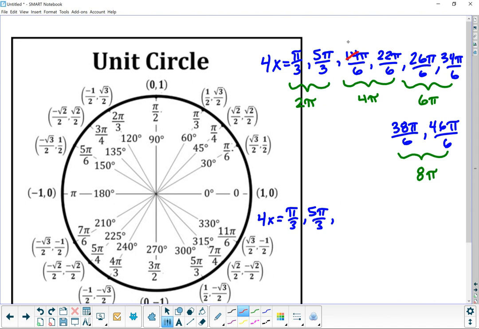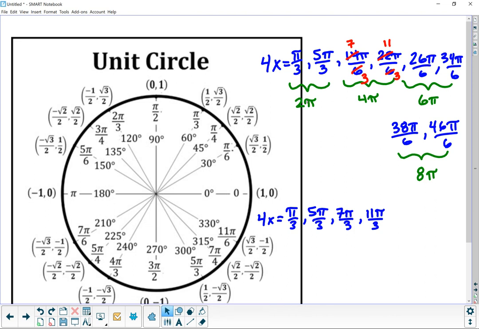So divide 14 by 2, you get 7, and 6 by 2, you get 3. So 7 pi over 3. You should have this on your unit circle already because we already went through round 2. 22 over 6, you can divide it by 2, you get 11 over 3. So the next one's 11 pi over 3.